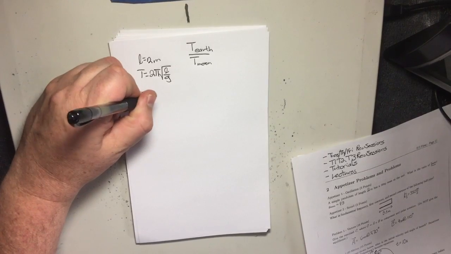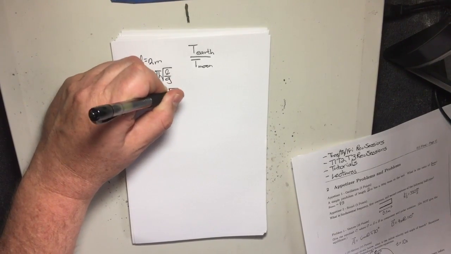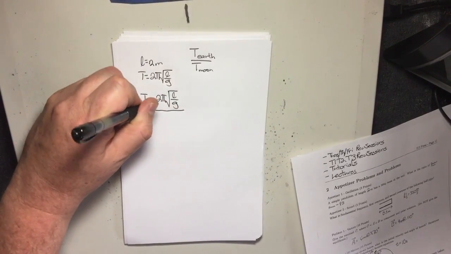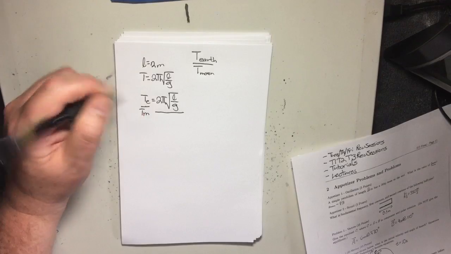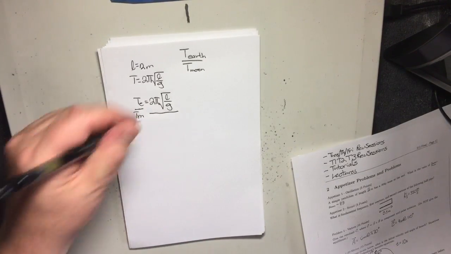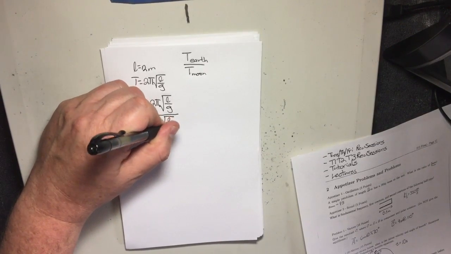So T earth is 2 pi square root L over G. T moon is 2 pi square root L over G prime.